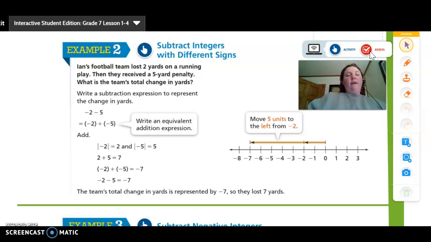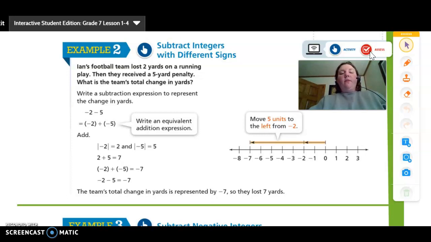Okay, so if I have a negative 2, I lost 2 yards, and then I lost another 5 yards because of a penalty. Negative 2 minus 5 can also be thought of as negative 2 plus a negative 5.